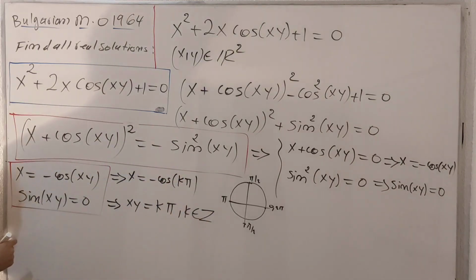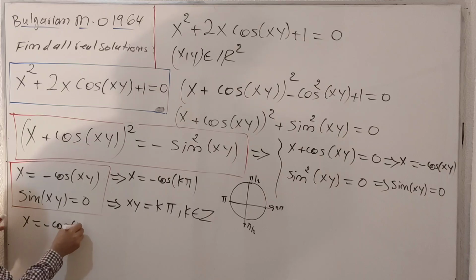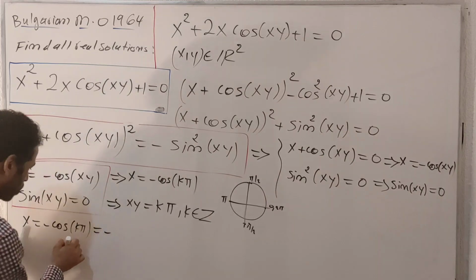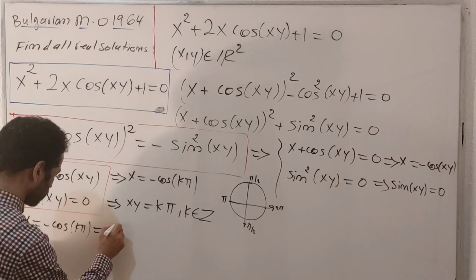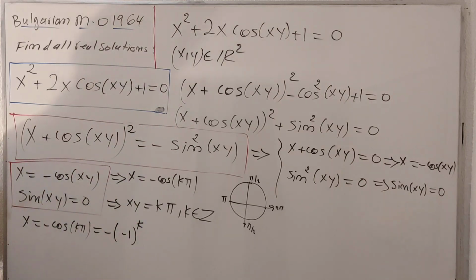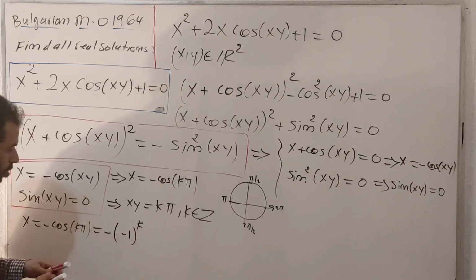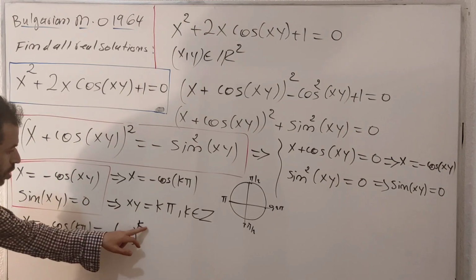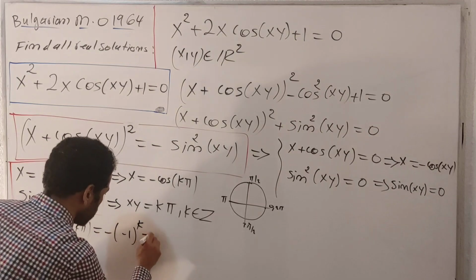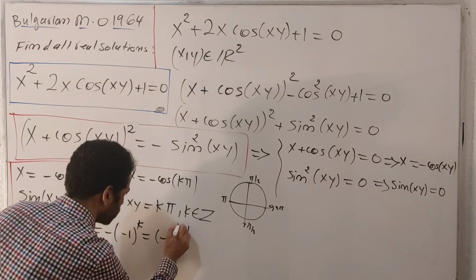Then this one is telling us x equals minus cosine k pi. This can be written in this form: minus 1 to the k. By pushing this minus 1 inside, I get k plus 1 as an exponent here. This is the same as minus 1 to the k plus 1.